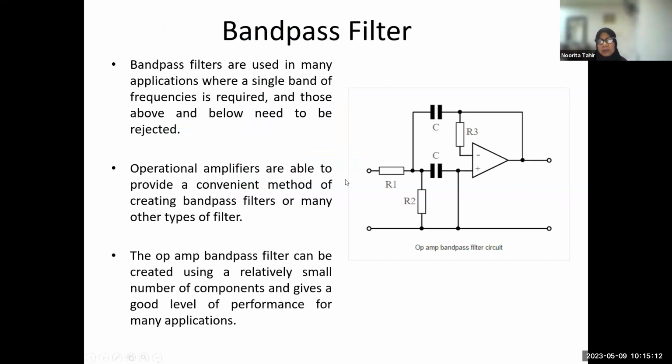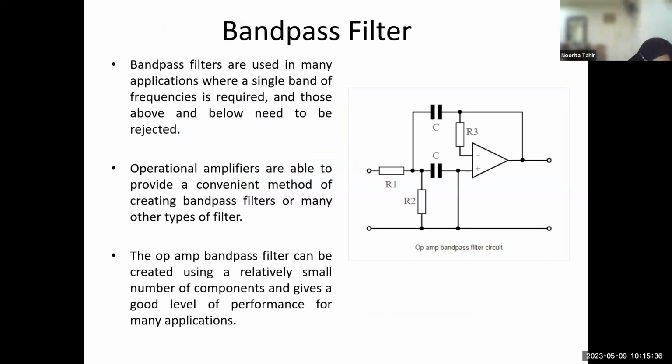So where do we normally use a band pass filter? Band pass filters are normally used in applications where a single band of frequencies is required, and where we need to accept and reject a certain amount of frequency at the lower and the upper end.